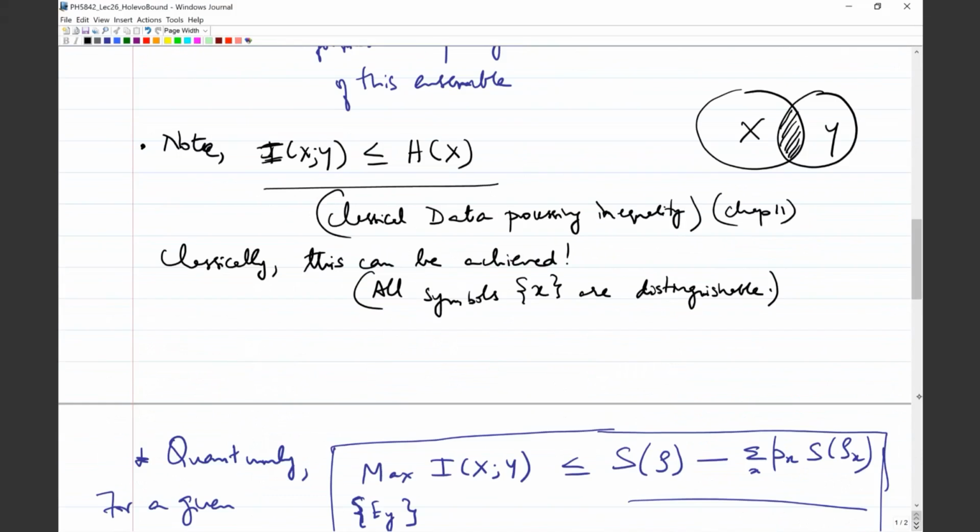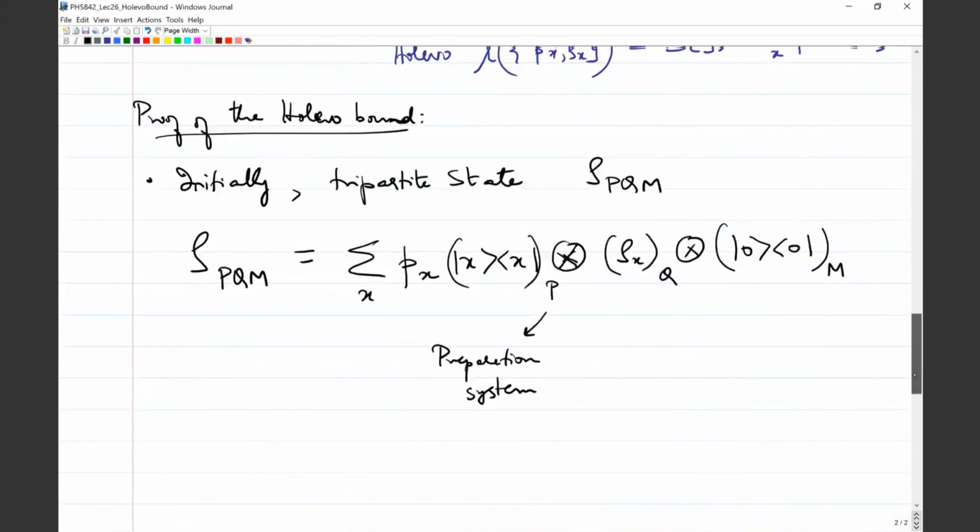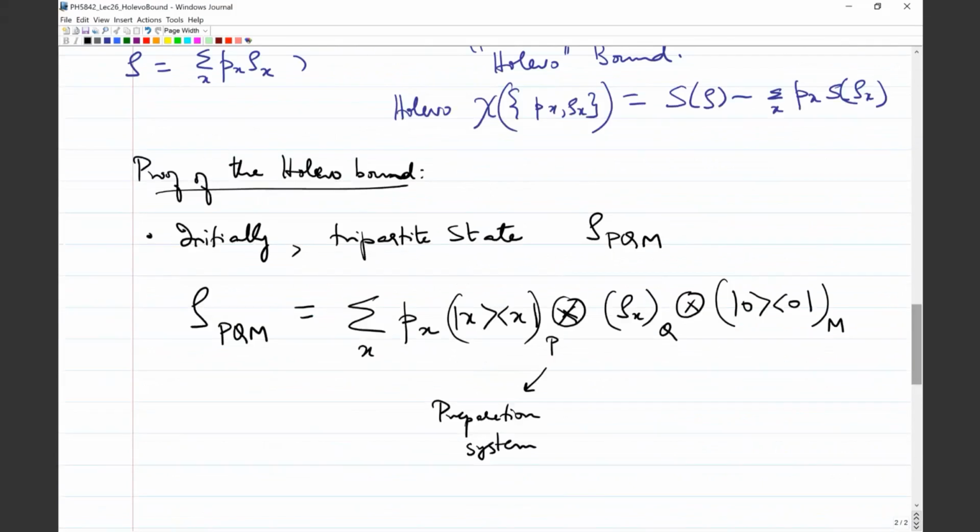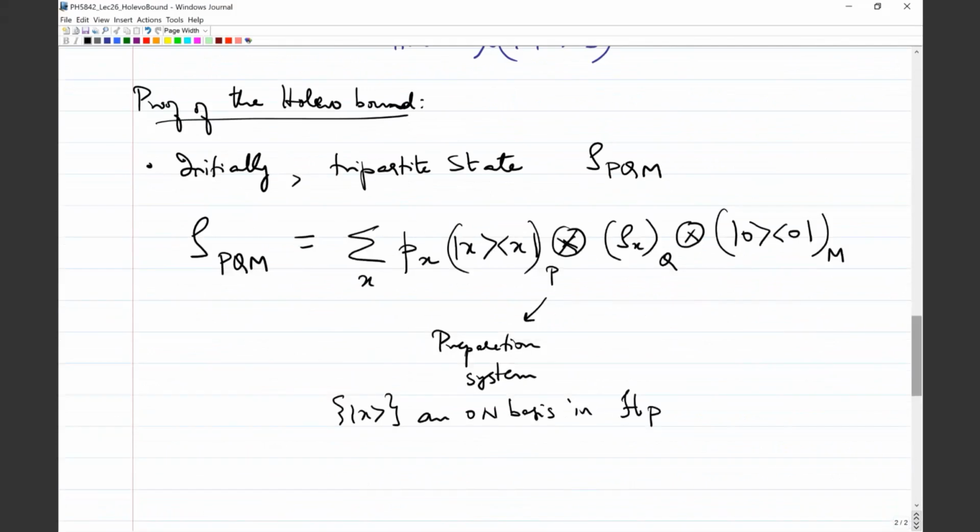So this ket x is an orthonormal basis in the Hilbert space that you associate with the preparation system. You can variously think of this as a classical register or a reference system, etc. Right?